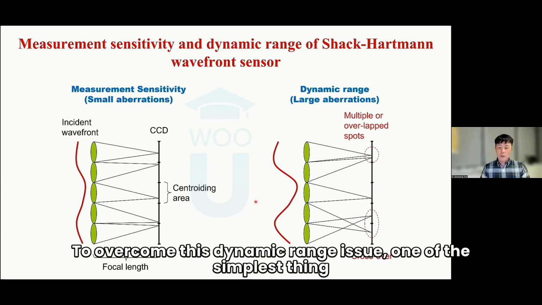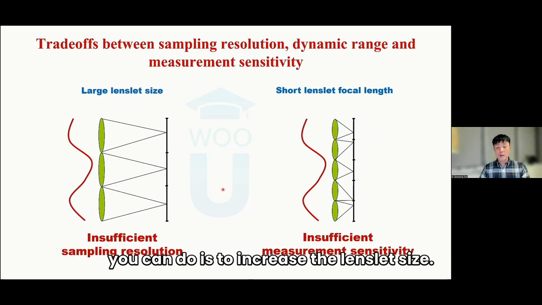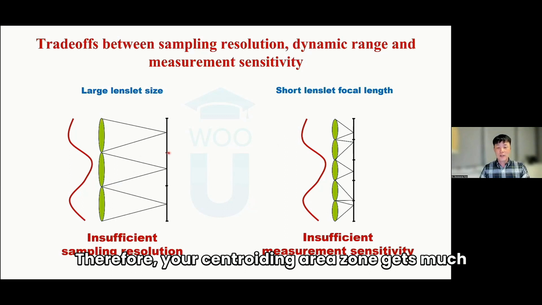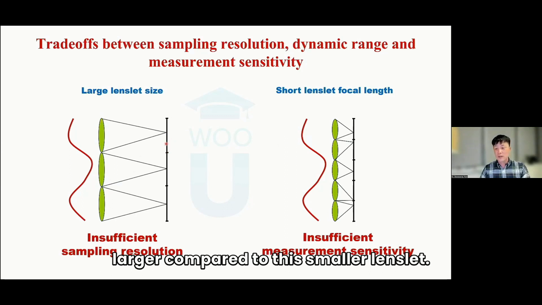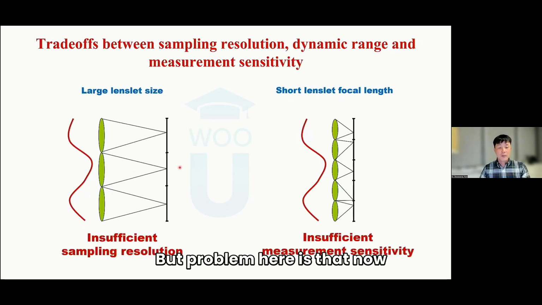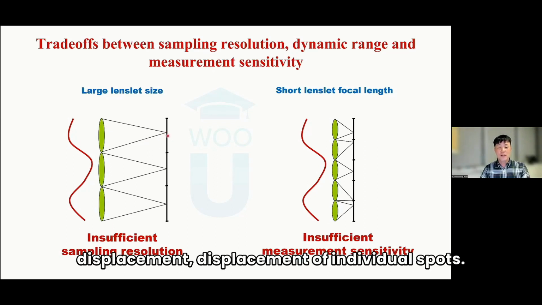To overcome this dynamic range issue, one of the simplest things you can do is to increase the lenslet size. Therefore, your centroiding area gets much larger compared to the smaller lenslet. But the problem here is that now the lenslet size is too big. The wavefront shape over this single lenslet is averaged out. Now you don't really have reliable displacement of individual spots.